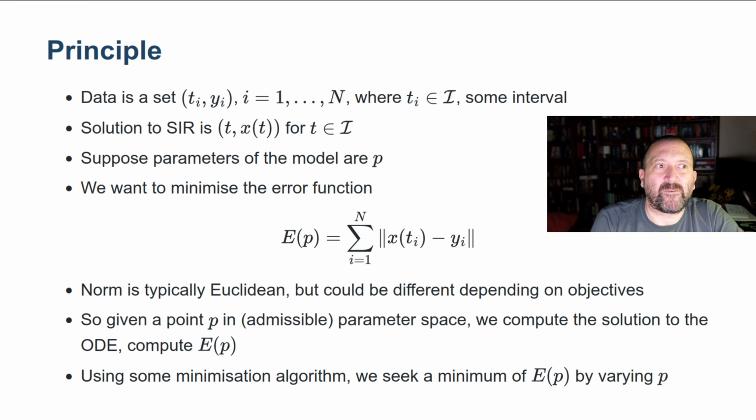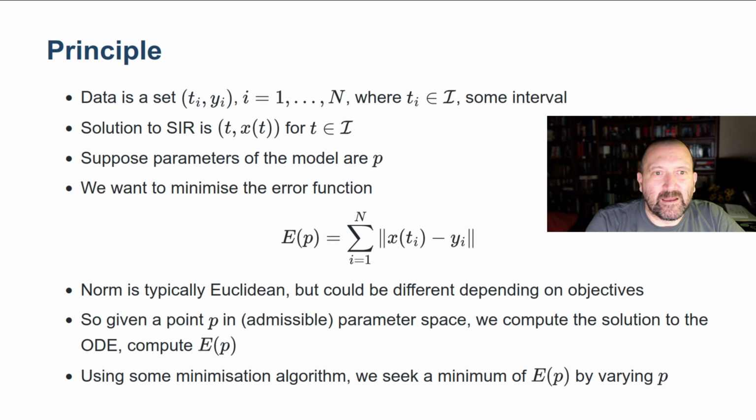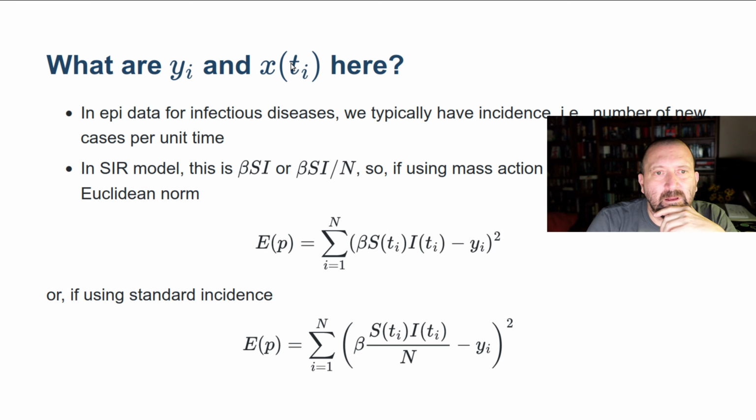I'm going to compute the norm of x of ti minus yi, and I'm going to sum this, and that is going to be the error I'm making when I'm taking this point in parameter space, the distance between my solution that I get by using the parameters that I'm trying and the actual data points. And what I'm going to do is try to minimize this error by varying p.